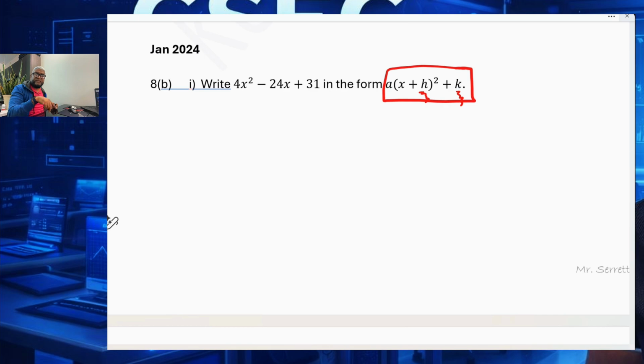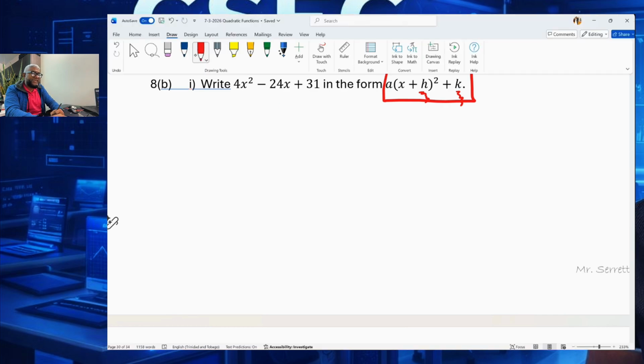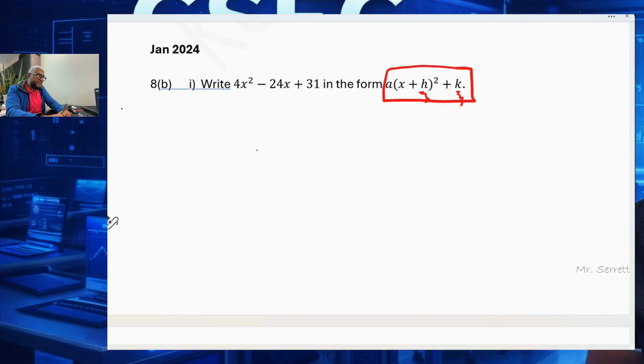So January 2024, question 8 part B, we had to write a quadratic in completing the square form, right? This is completing the square form.